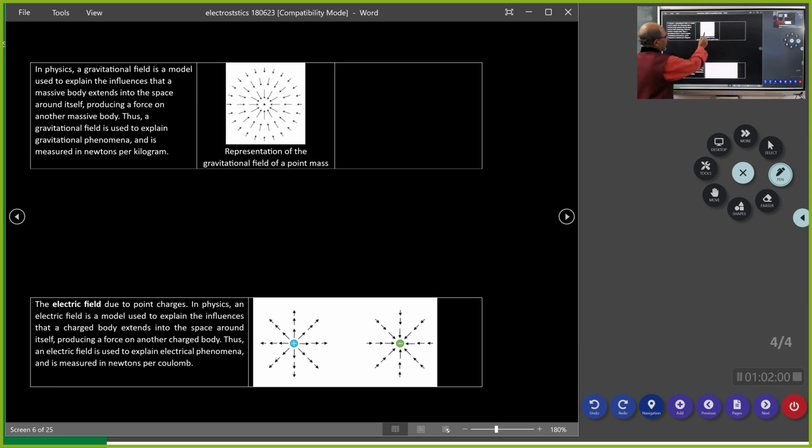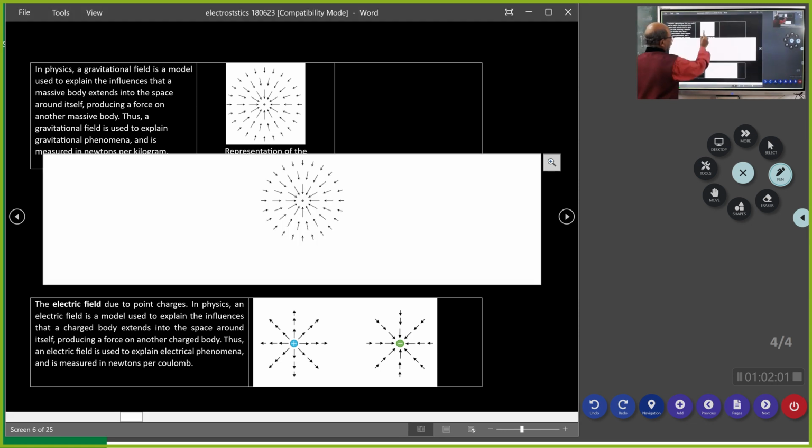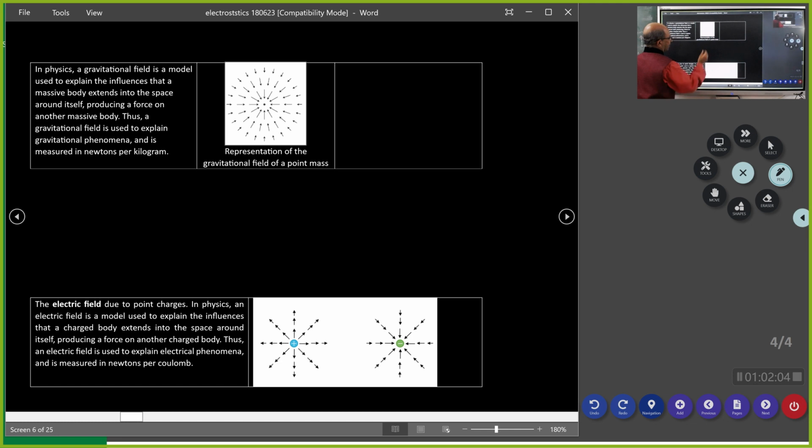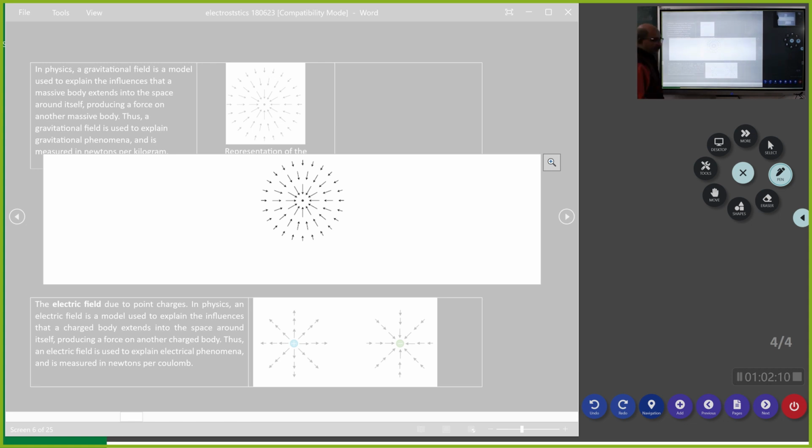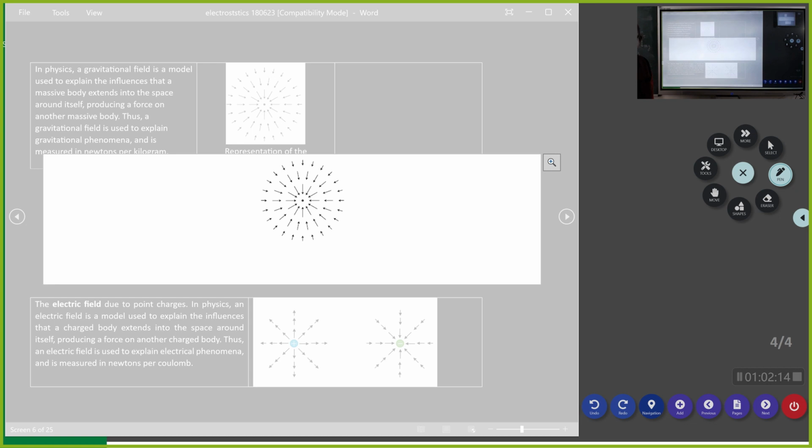So if you see these vectors here at the center, see here the vectors which are very close. Can you see those vectors? Yes, sir. You see their length. The length of the inner vectors is longer, and the next peripheral vectors are smaller, and the next peripheral vectors are still smaller.